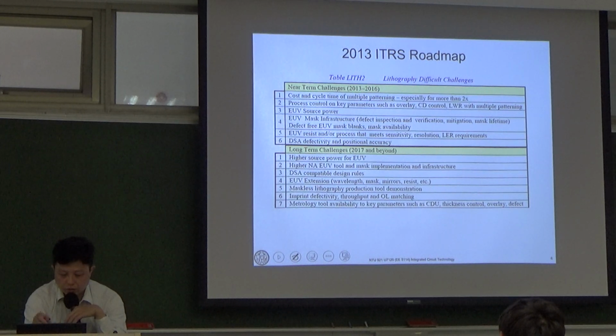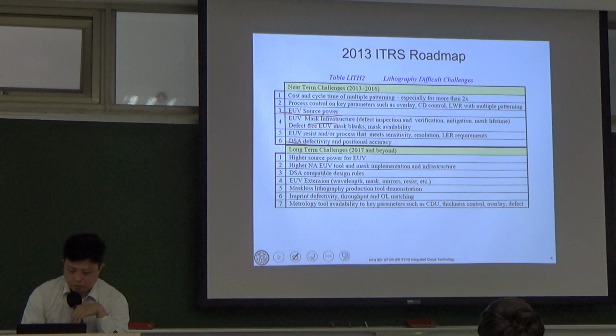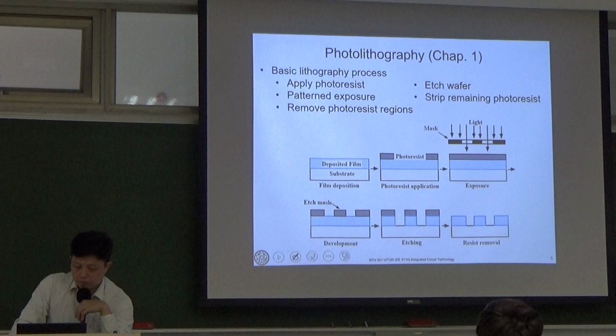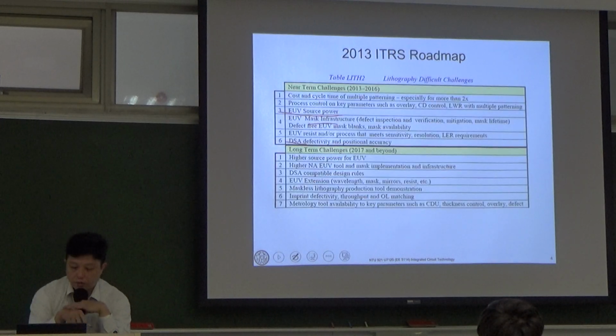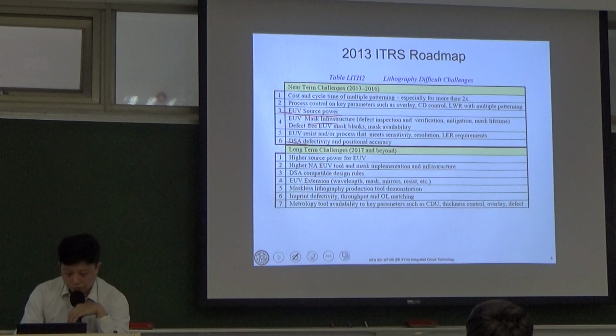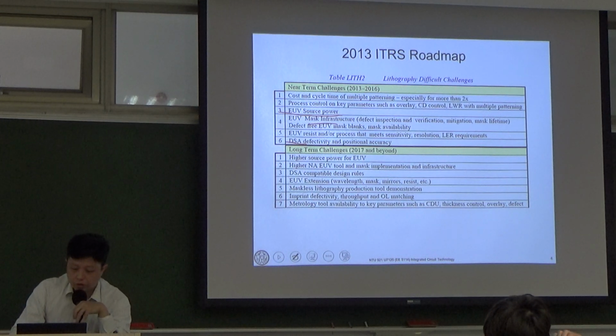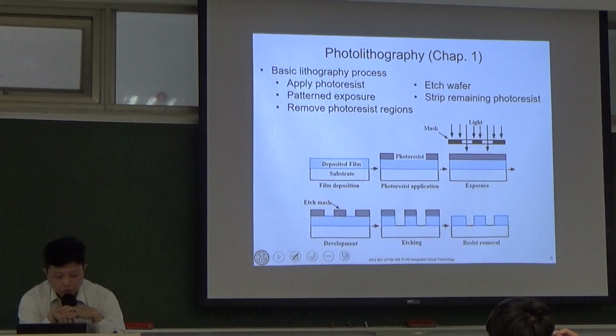Like you have EUV and mask, also the DSA. Okay, so I think we won't cover EUV or DSA in this class. That's more advanced technology. But we have to know the fundamentals first.